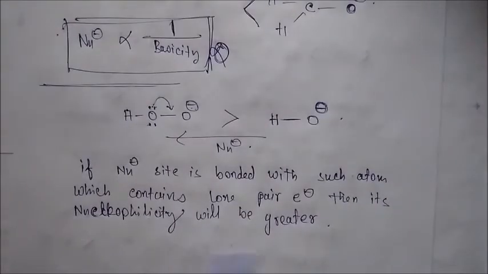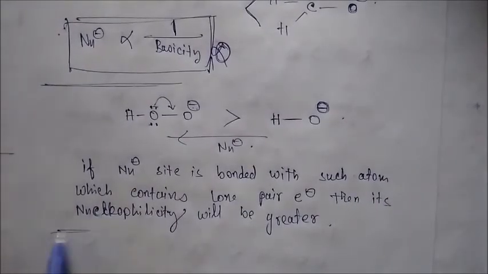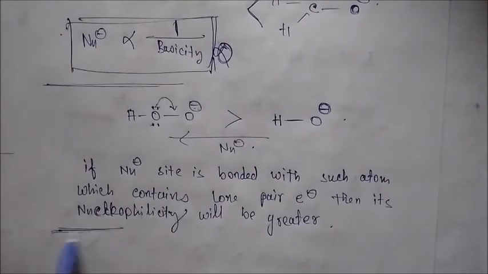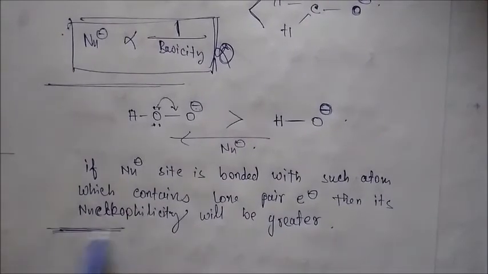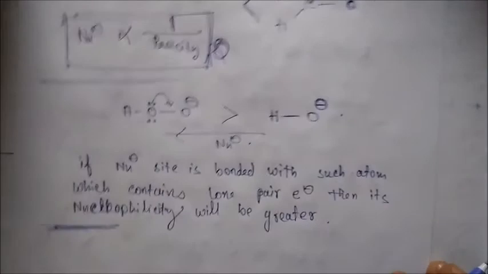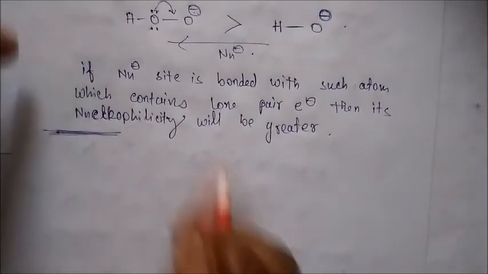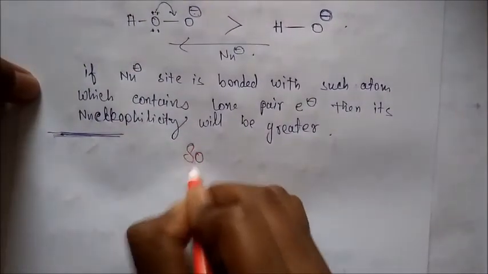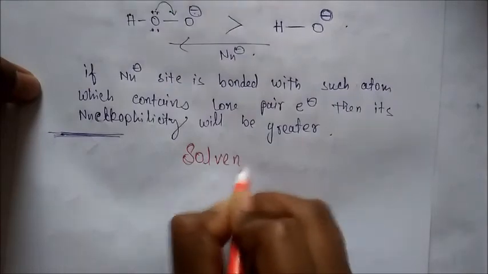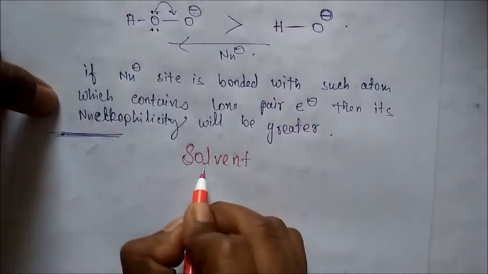So let us come to the solvent effects and the types of solvent. For a reaction mechanism, we should know the types of solvent we are using. So if we talk about solvent, let's say solvent is of two types.